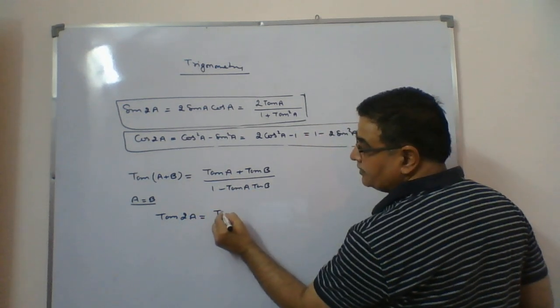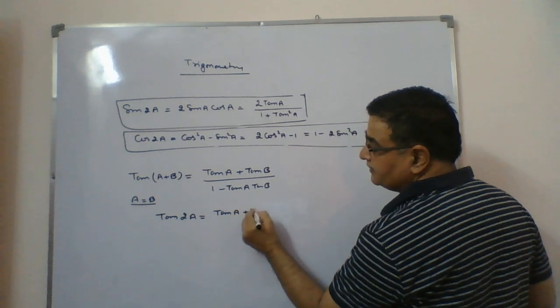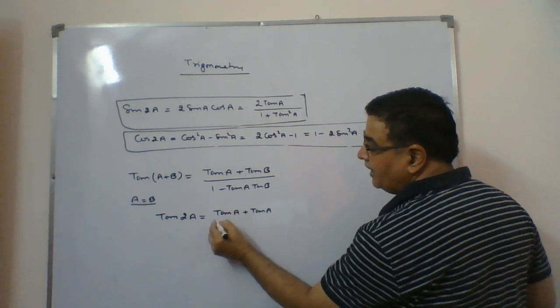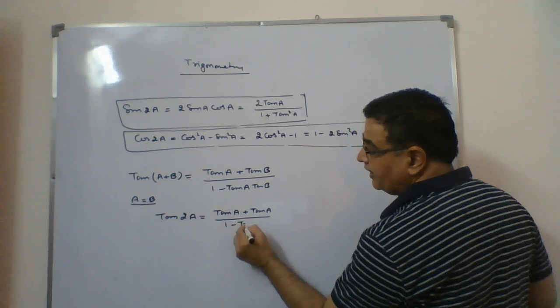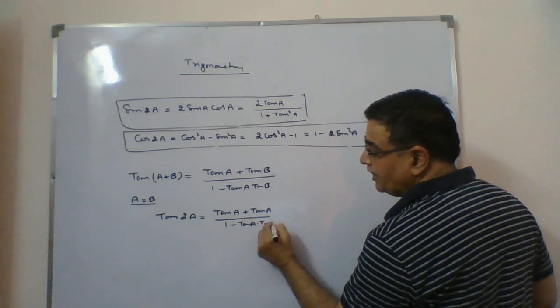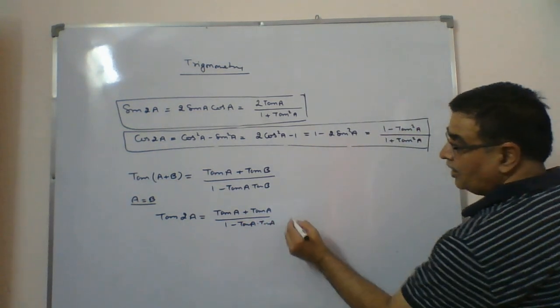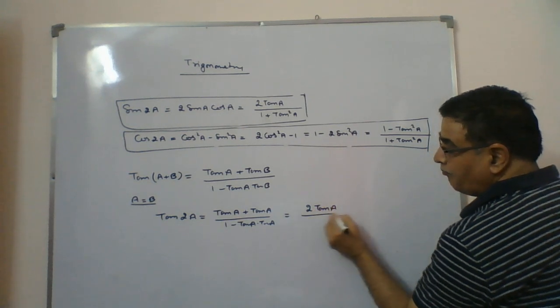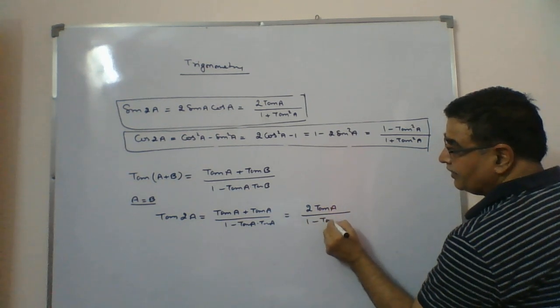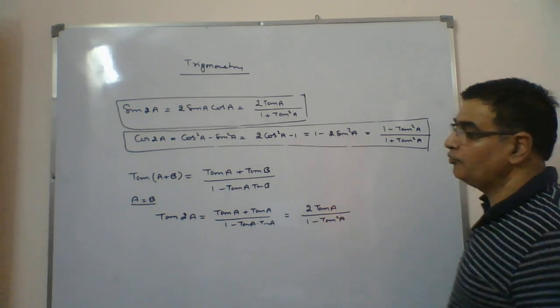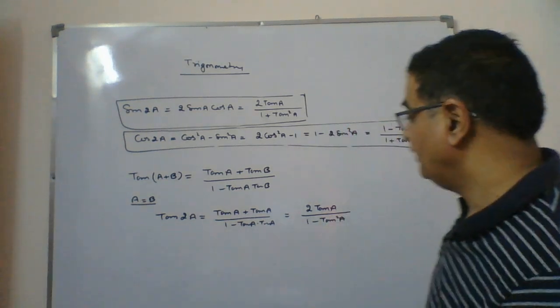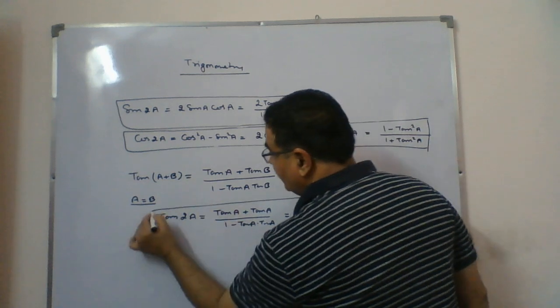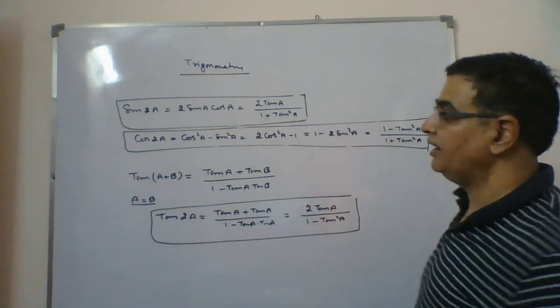It comes out to be tan A plus tan A by 1 minus tan A into tan A. Now when you solve it, it comes out to be 2 tan A by 1 minus tan square A. So this has only one formula: tan 2A is 2 tan A by 1 minus tan square A.